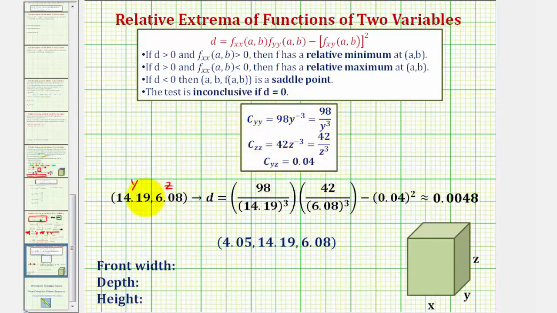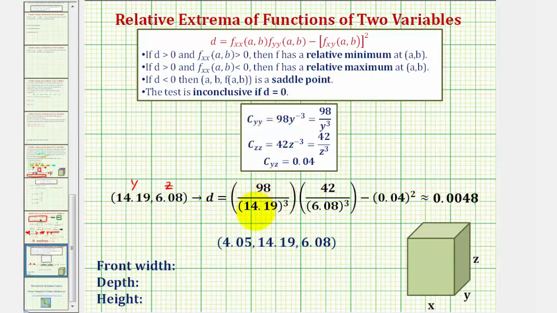So we'll be substituting this value for y and this value for z into these second order partials. We should be a little careful though, because remember, we have a function of y and z, not x and y like we normally would. So these x's would be these y's, and these y's would be these z's. So the second order partial with respect to y is here.